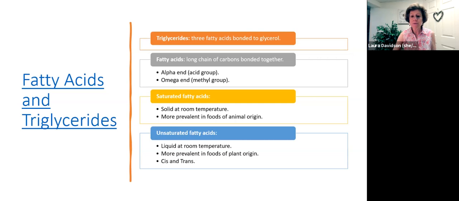Those fatty acids are very important in determining the health effect of that fat or oil, with saturated fatty acids generally being less healthy or unhealthy and solid at room temperature, and unsaturated fats typically being more healthy and liquid at room temperature.